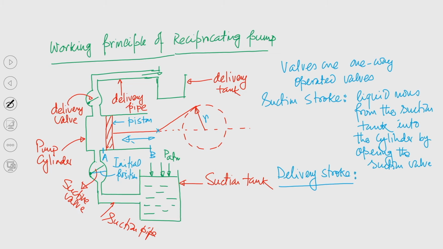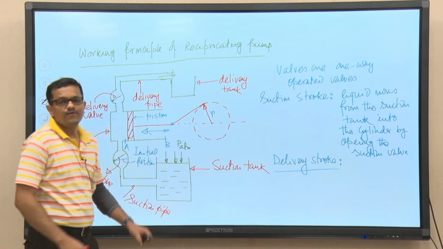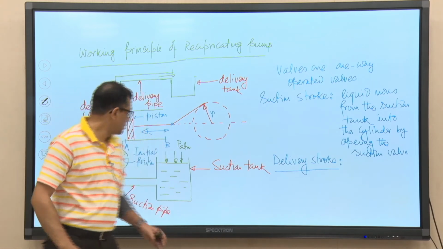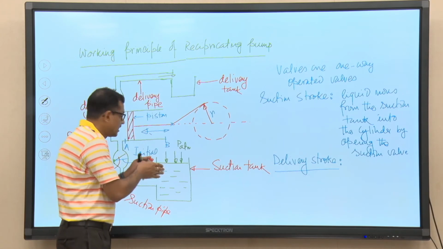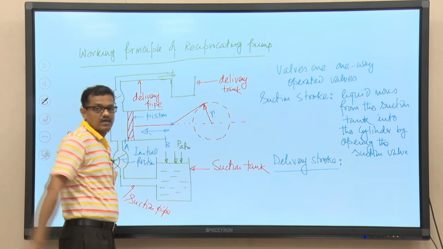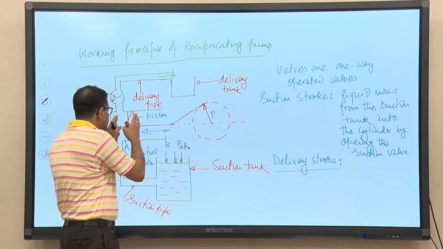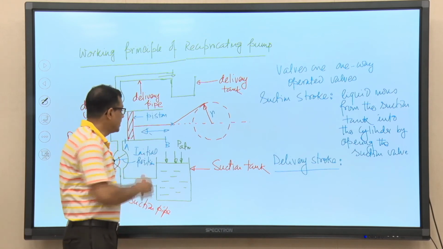What will happen? Now see, the cylinder is now having a certain fluid volume, a certain fluid mass. A certain amount of fluid is already there inside the cylinder at the end of the suction stroke.